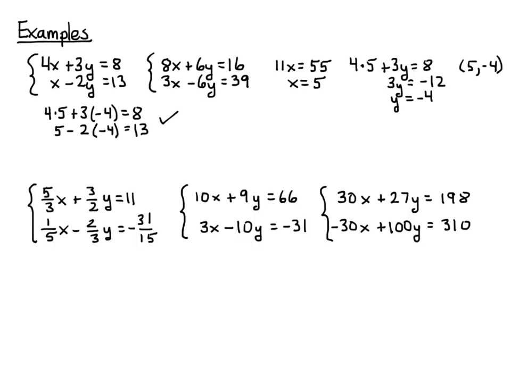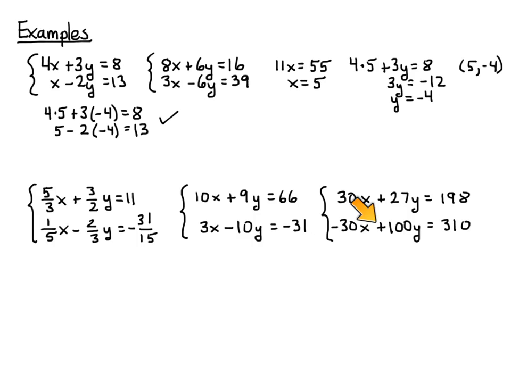So I get 30x plus 27y equals 198, and then I'm going to multiply this next one by -10, you see, so I get my -30x plus 100y equals 310. So you got to be really careful to keep consistent with your positives and negatives.